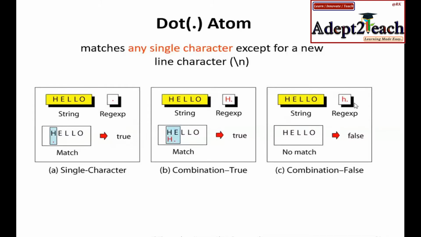Linux is case sensitive, as we said right in the beginning, so writing capital H and small h is different. If I write small h here and try to match h and dot, this h will not match anywhere in the matching string, so it will give a false output.